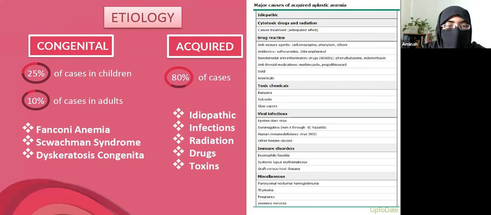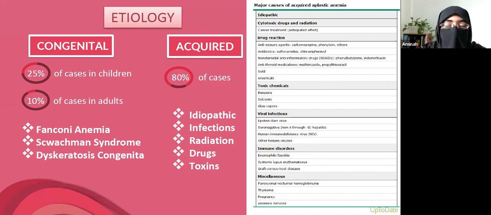So this occurs in about 25% of cases in children and in about 10% of cases in adults. Here there are certain genetic disorders which eventually can develop into aplastic anemia. The top three common ones are Fanconi anemia, Shwachman syndrome, and dyskeratosis congenita.